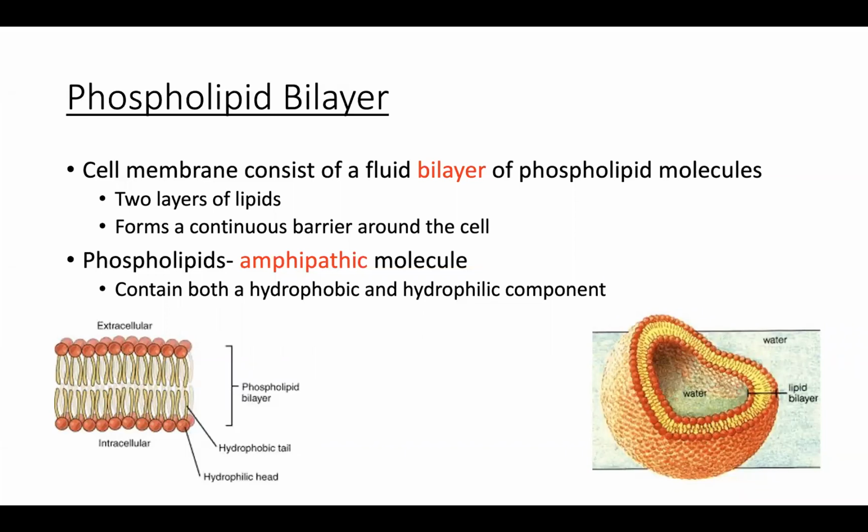This is actually a fluid structure, where you have these phospholipids interacting very, very close together. But it does not suggest that there's no possibility of penetrating it. As we'll see in the next couple of slides, there are certain substances that can penetrate or permeate this membrane. So it is a fluid mosaic. It's not a static structure that cannot be penetrated.